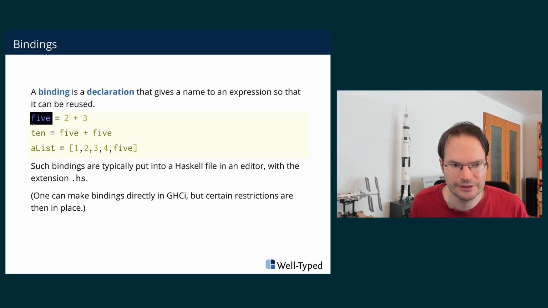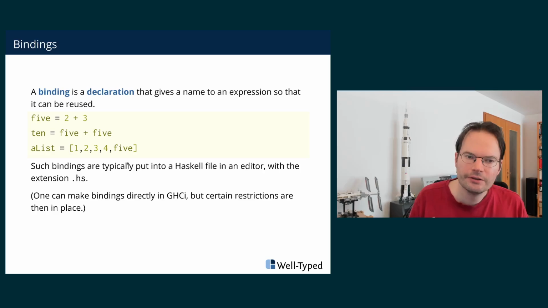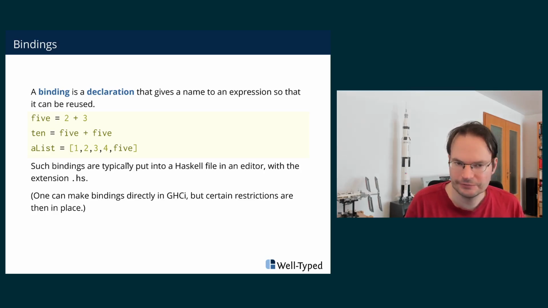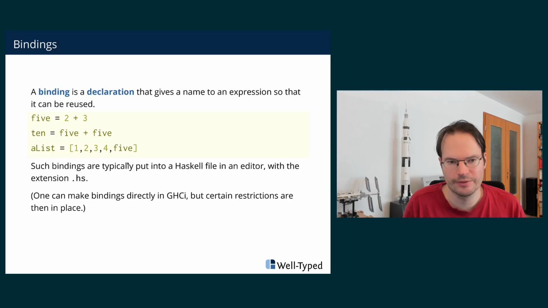So you have a name equals expression. Right, and then you give the name 5 to the expression 2 plus 3, and you can then use 5 to mean the same as 2 plus 3. So in particular, you can then go on and say 10 equals 5 plus 5, reusing the binding we've just made. Okay?